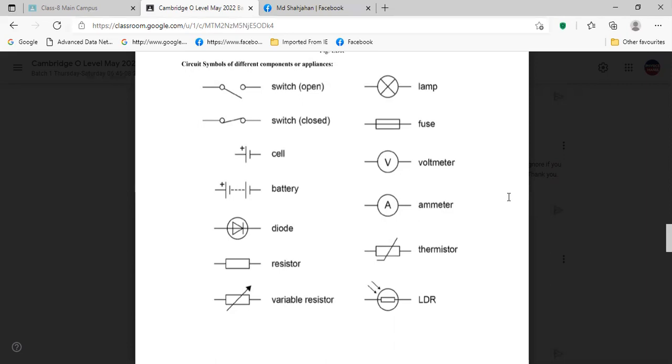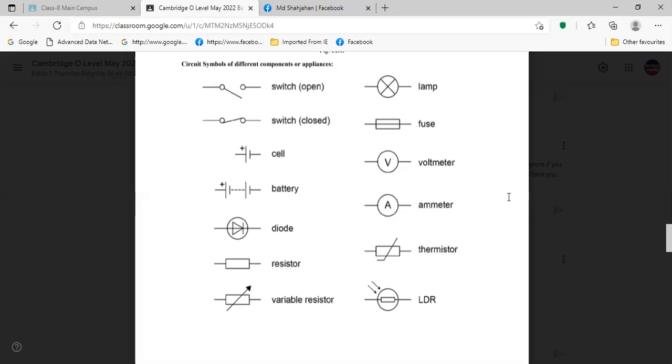Because, like you are here, five students present. Then if you see the real circuit, lamp, you see different kinds of lamps, different shapes of lamps, right? So if in your house you have one kind of lamp, you draw it in one way, another person will draw it in another way.